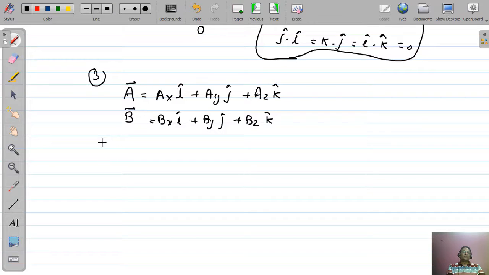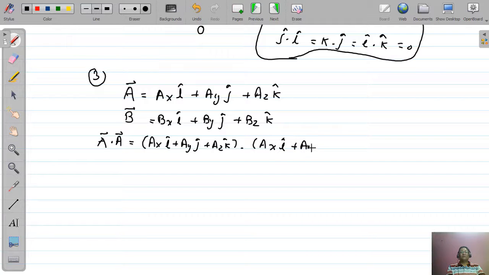Then first we find vector A dot vector A. This is equal to (ax i plus ay j plus az k) dot (ax i plus ay j plus az k).